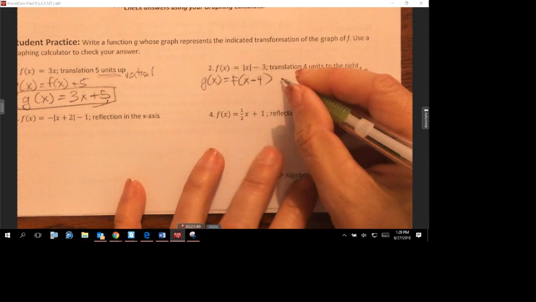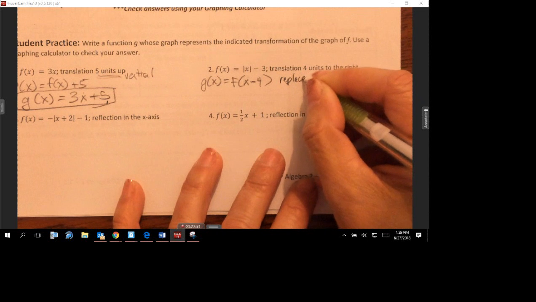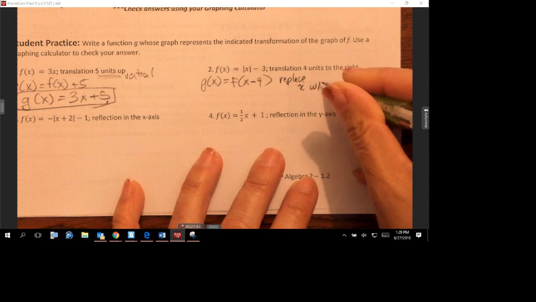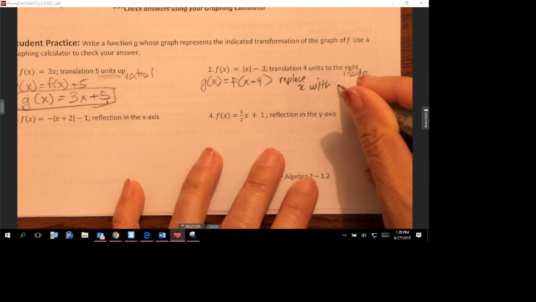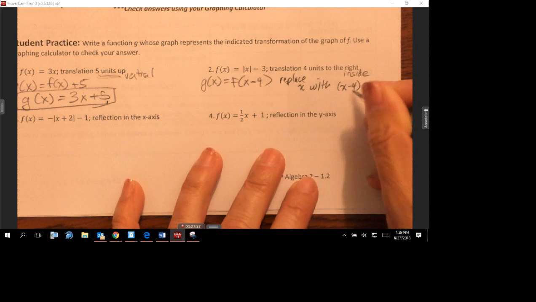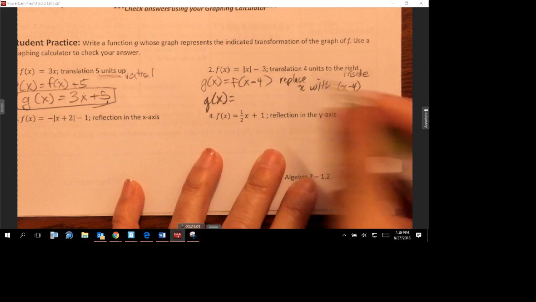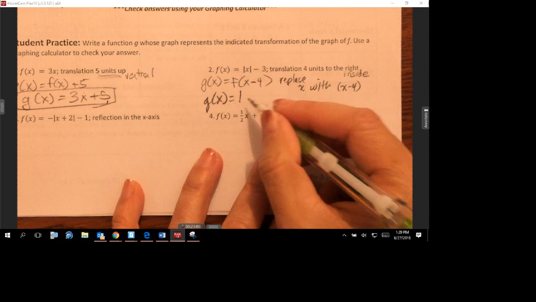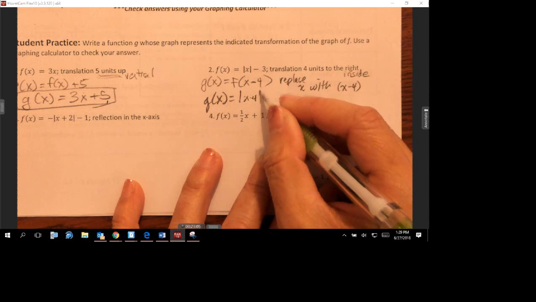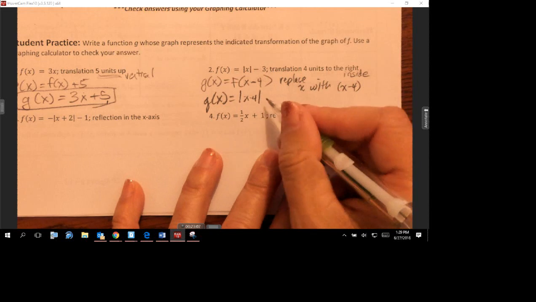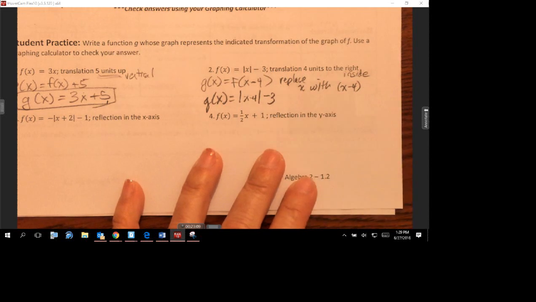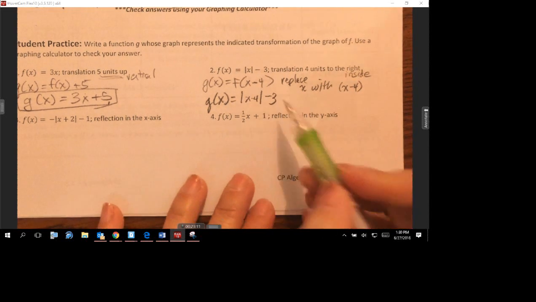And then we have to replace x with x minus 4. So my g of x is going to be, here's x, I'm going to make it x minus 4, in absolute value, and then minus 3 comes down at the end. That's the final answer for that one.